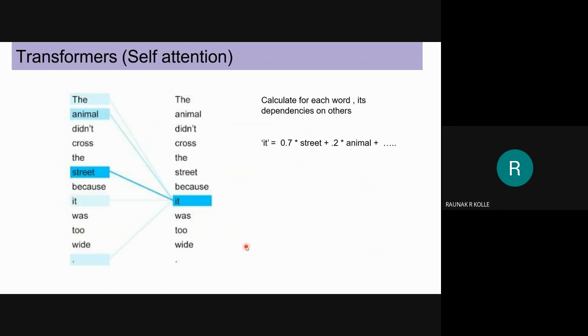Using self attention, the attention for each word is calculated with respect to its dependency on the other words.